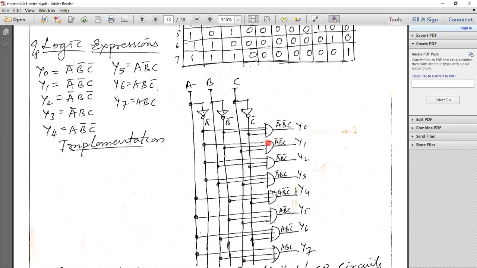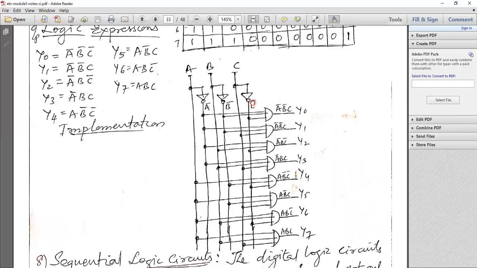Correspondingly write Y0 to Y7, labeling them with their expressions. Y0 equals A bar, B bar, C bar. Similarly, Y7 equals A, B, C. After writing that, take the corresponding inputs, either from A or A bar, B or B bar, C or C bar. This is how the 3:8 decoder can be implemented.